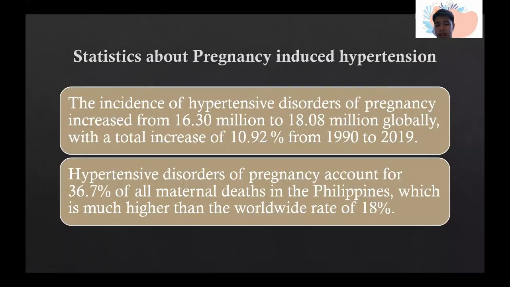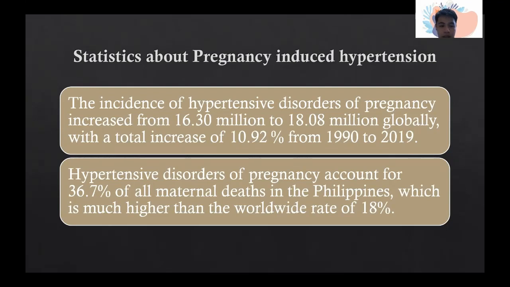So the statistics about PIH or pregnancy-induced hypertension is the incidence of hypertensive disorders of pregnancy increased from 16.30 million to 18.8 million globally, with a total increase of 10.92% from 1990 to 2019.